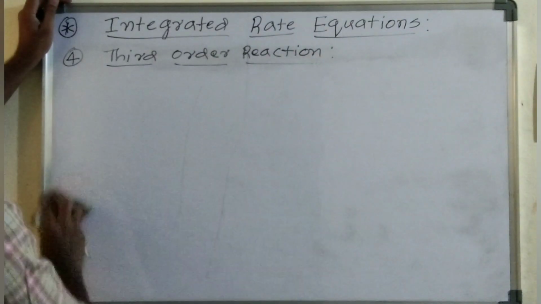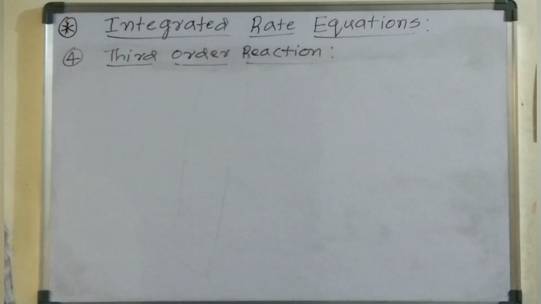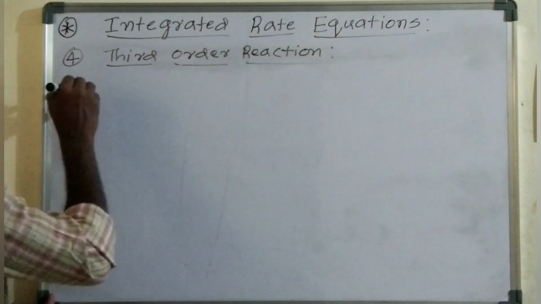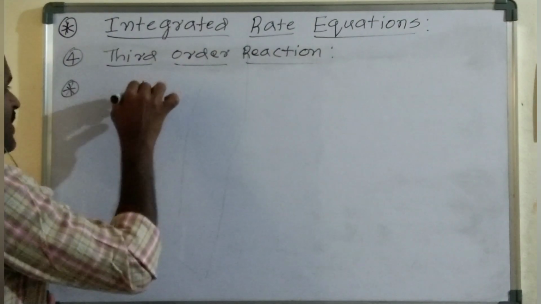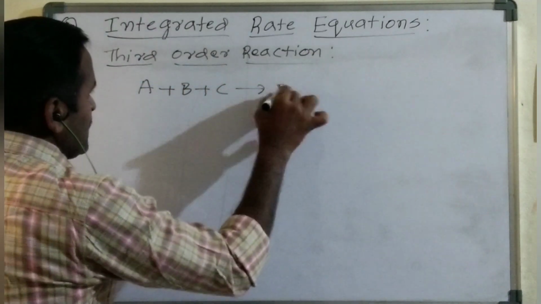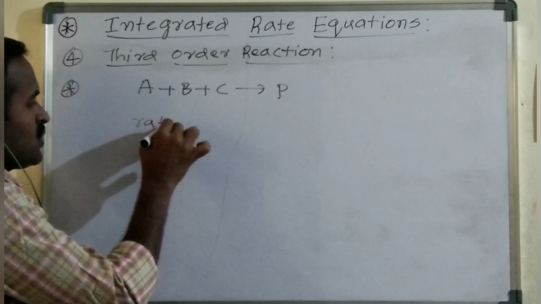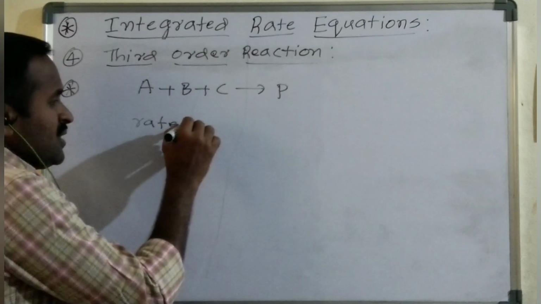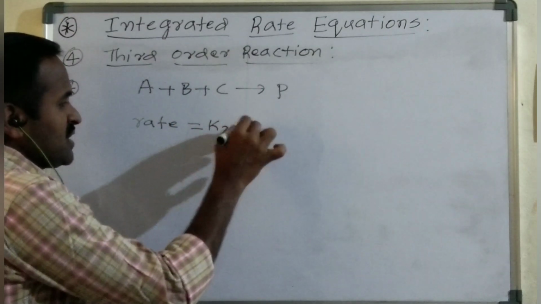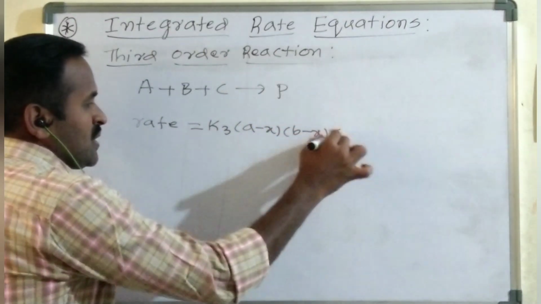Now in the other case, if all three different reactants, A plus B plus C, give rise to the product, the rate is equal to the rate constant K3 into a minus x into b minus x into c minus x.